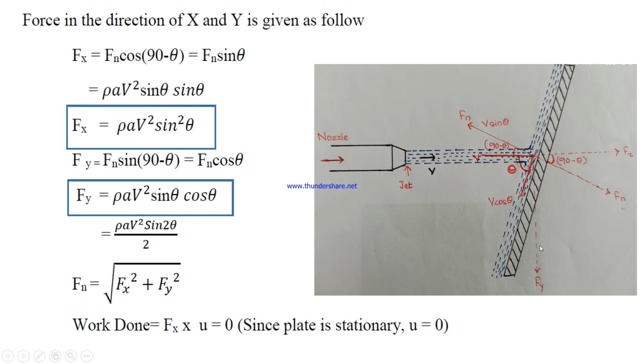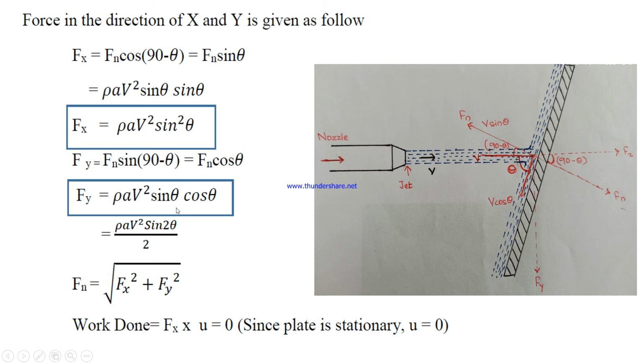Again, coming to Fy, Fy is the sine component. So Fy will be equal to Fn sin(90 minus theta), and sin(90 minus theta) is cos theta.